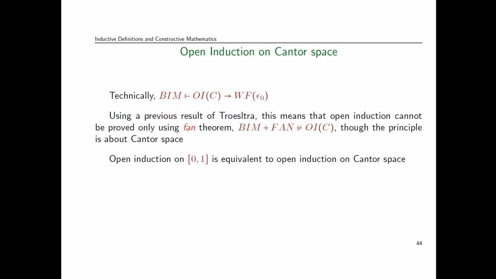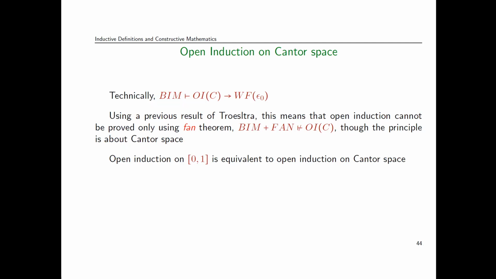And then using a previous result of Troelstra: the result of Troelstra was that if you have only the Fan theorem, you cannot show that epsilon zero is well founded. What Troelstra proved was that basic intuitionistic mathematics plus the Fan theorem is conservative over Heyting arithmetic.